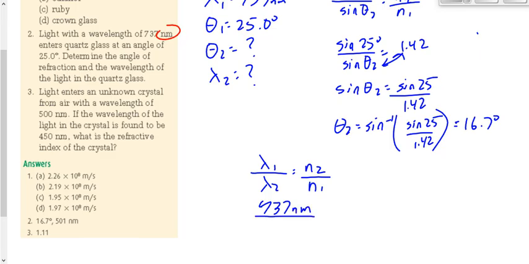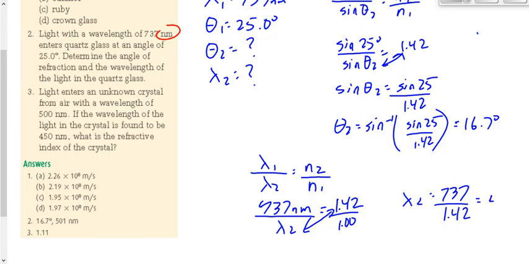We're looking for lambda 2, and n2 over n1 was 1.42 over 1.00. So now we're going to swap places here. Lambda 2 is equal to 737 divided by 1.42. And when you do the math on that, it should work out to be 501. And because we use nanometers up here, we're going to get nanometers for our final answer.